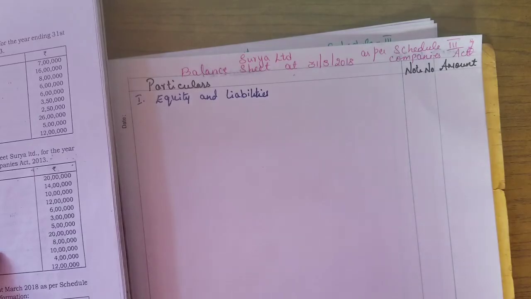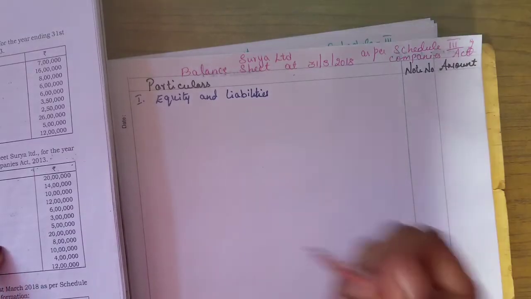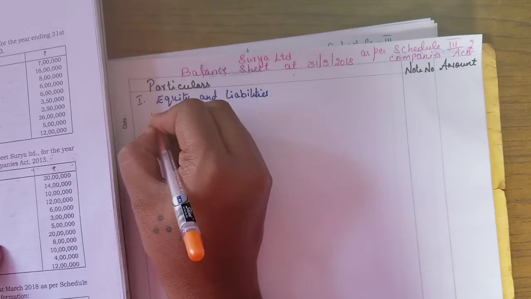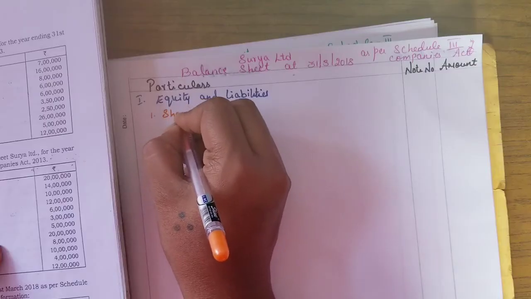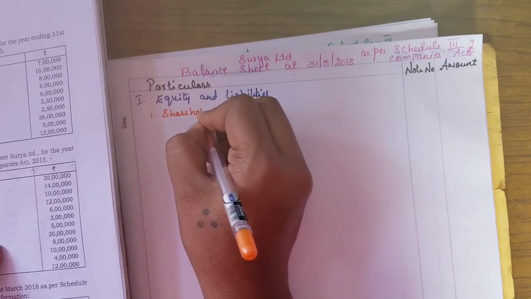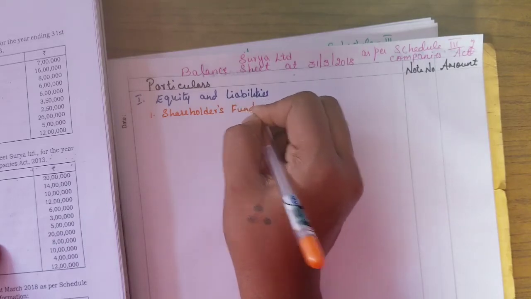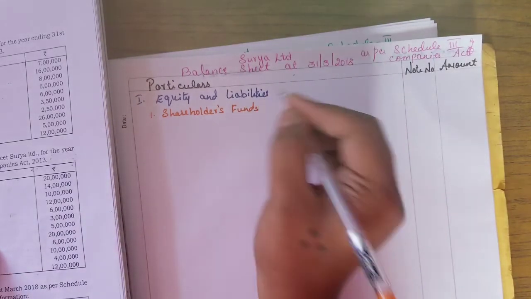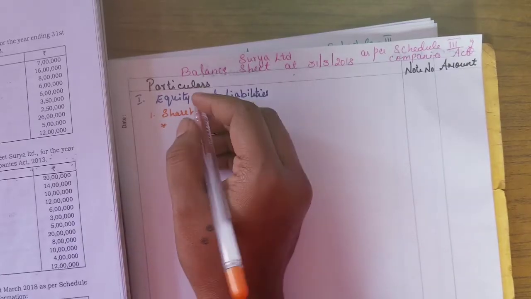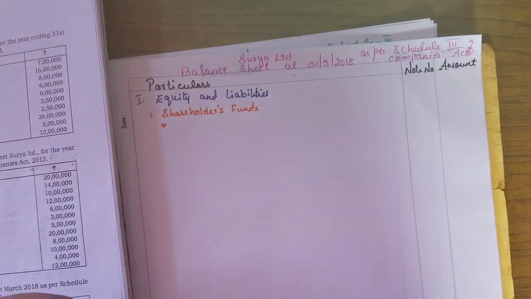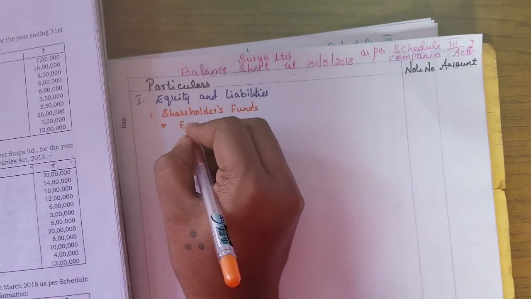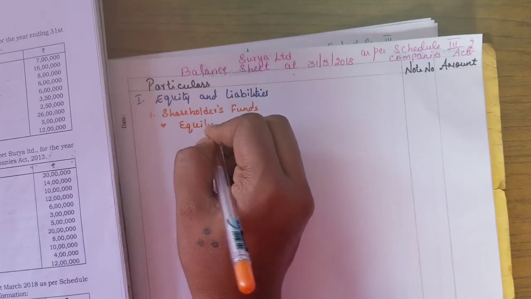Under equity and liabilities, we will first have shareholders fund. Under shareholders funds, we have equity shares as well as preference shares in the question, so we need to write both.